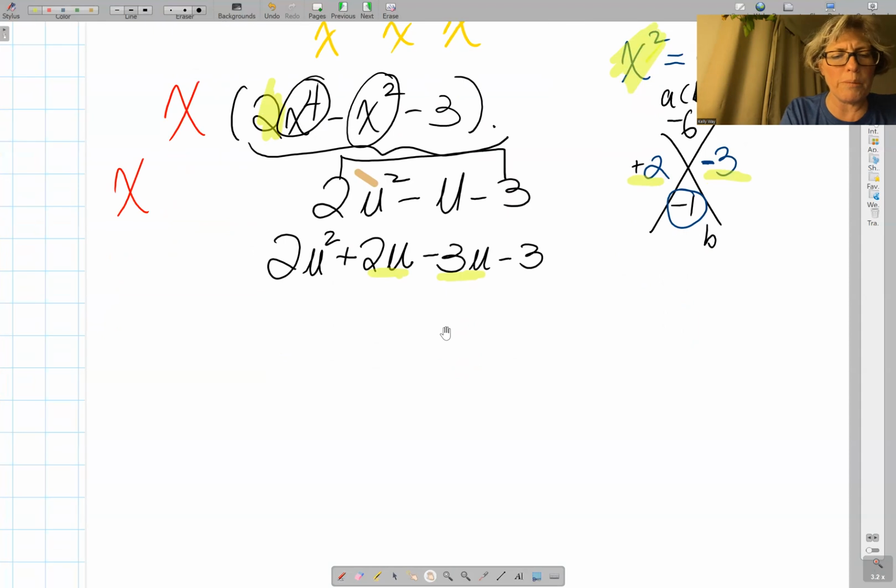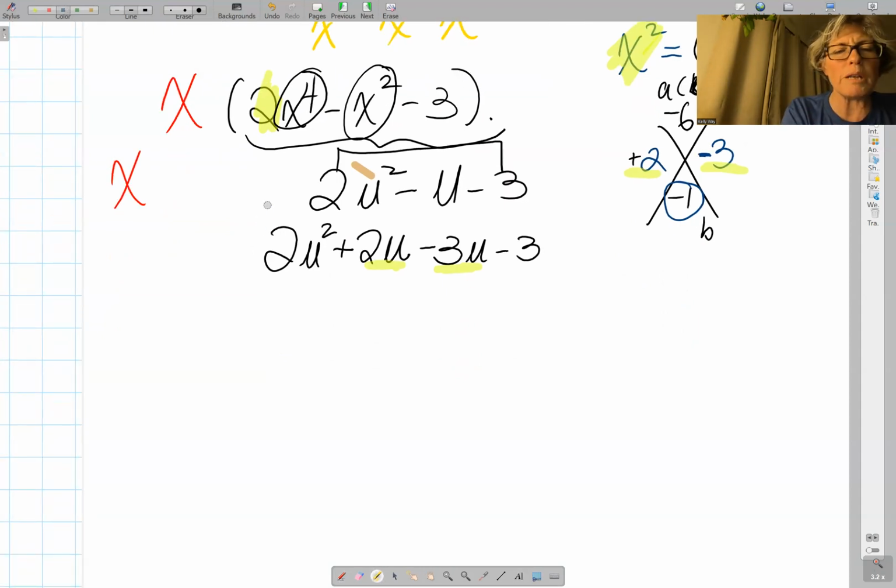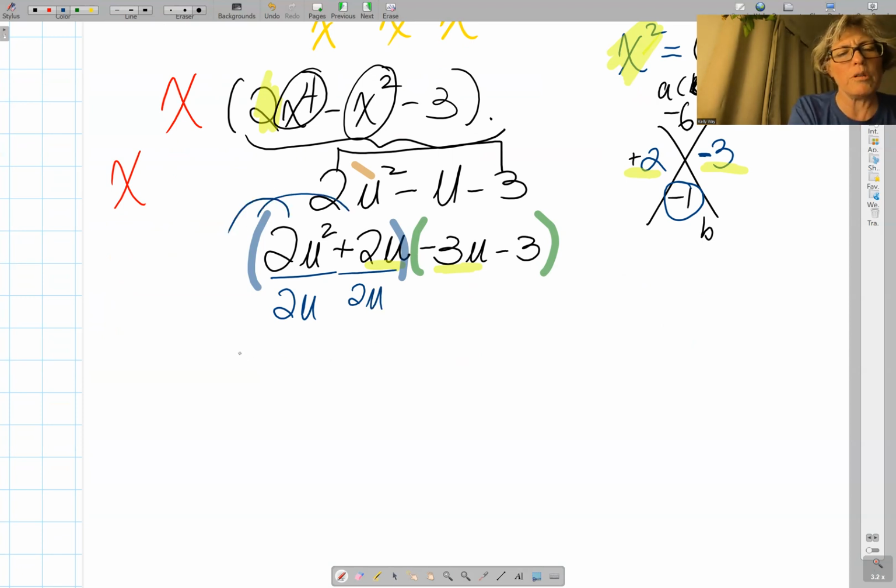Now, I'm going to group it to make it a little bit easier to work with. And I can pull out of this a 2 and a u. So we're going to pull that out. So I have 2u out, and then what's left is u plus 2. So you're kind of thinking ahead here on the right-hand side.